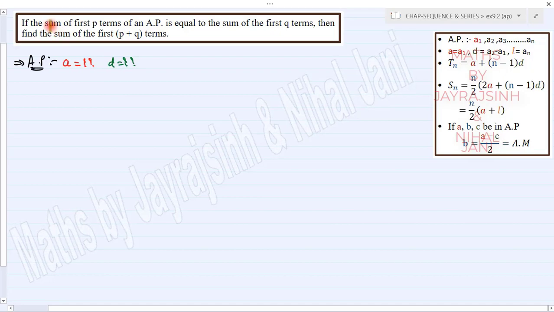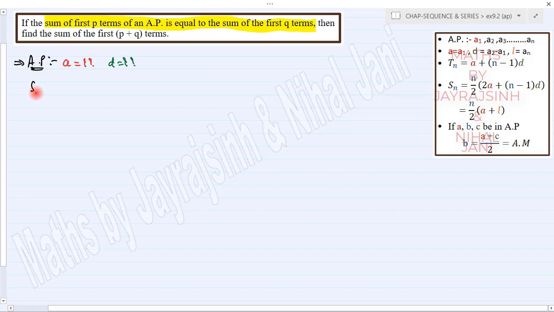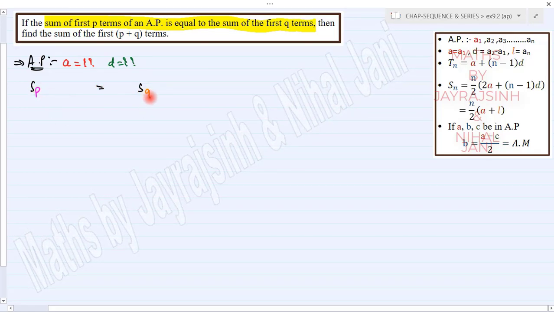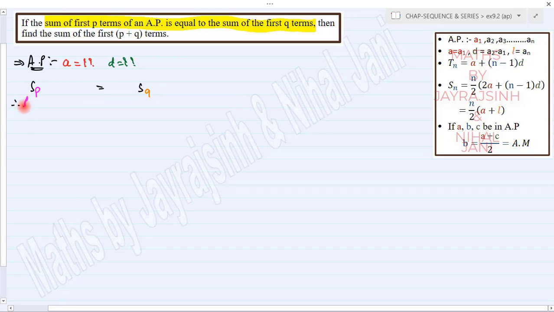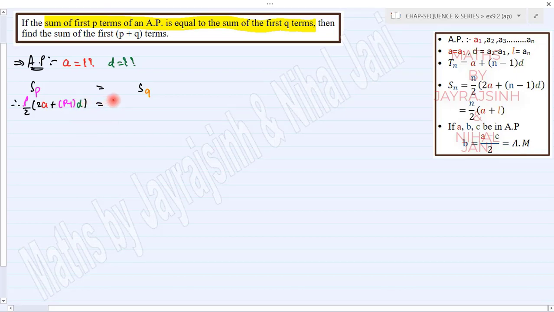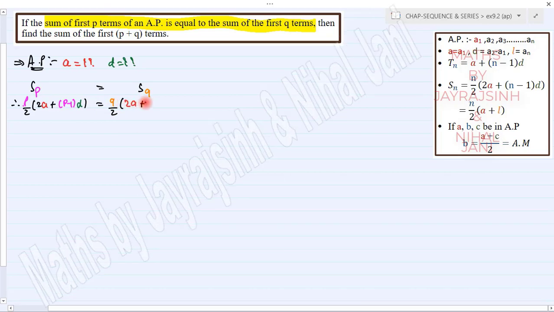Then the first condition, which is given in the question, is the sum of first p terms is equal to the sum of first q terms. So on the left hand side, we have to replace n by p. So we get p by 2 into 2 times a plus p minus 1 into d. And on the right hand side, we get q by 2 into 2a plus q minus 1 into d.